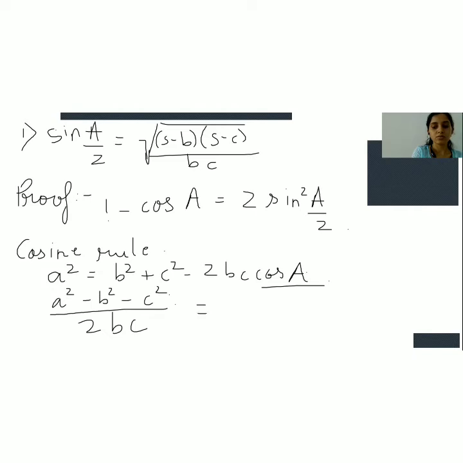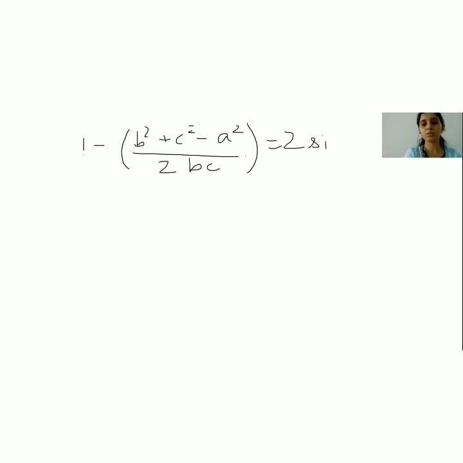is equal to cos A with the minus sign here. So what we can do is, we can shift the minus sign to the numerator. So that will be c square plus b square minus a square upon 2bc, right? So what we'll get in the next step, when we substitute the cosine rule, we get 1 minus bracket b square plus c square minus a square upon 2bc is equal to 2 sine square A by 2, right?